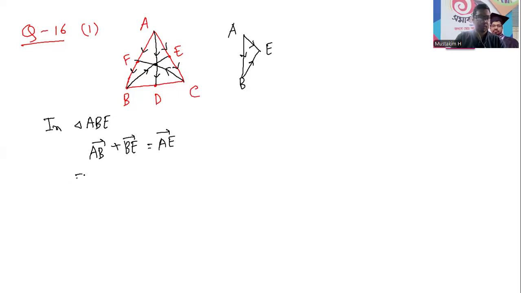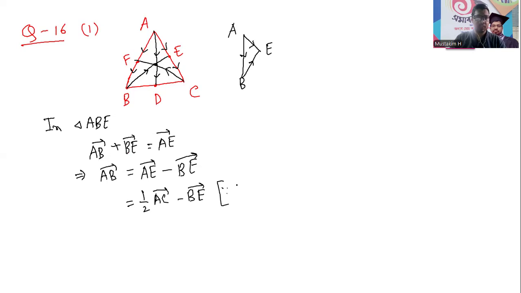Now AB vector equal to AE vector minus BE vector. Again, AE vector, as E is the midpoint of AC, so we can write half AC vector. Half AC vector minus BE vector.